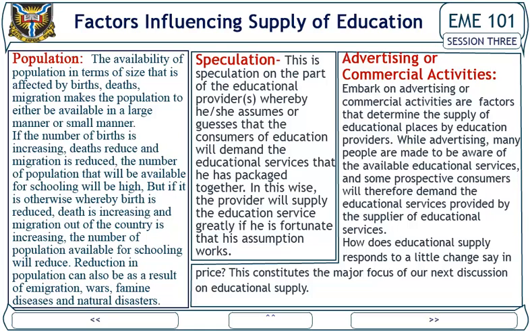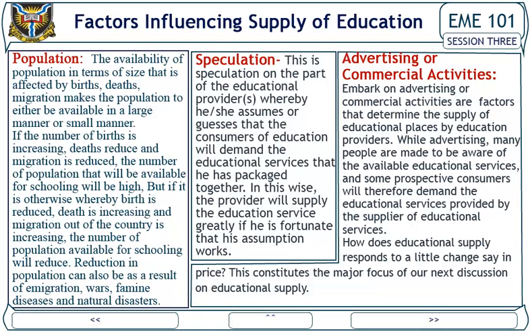But if it is otherwise, whereby births are reduced, deaths are increasing, and migration out of the country is increasing, the number of population available for schooling will reduce. Reduction in population can also be a result of emigration, wars, famine, diseases, and natural disasters.